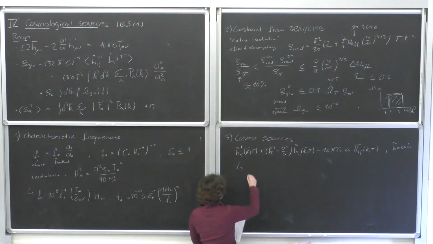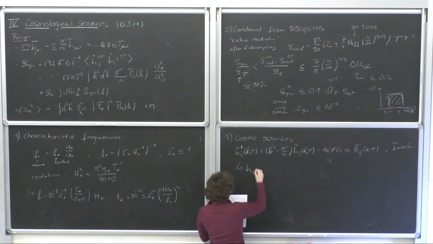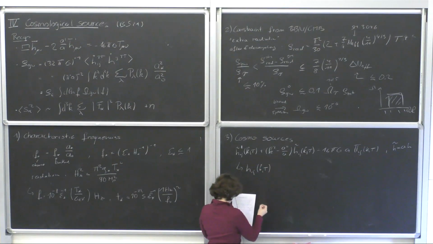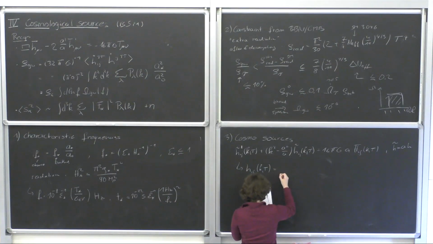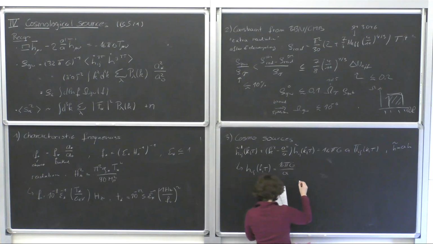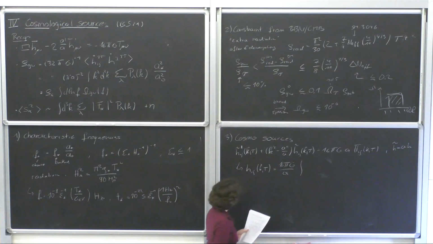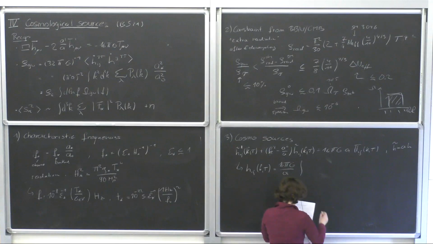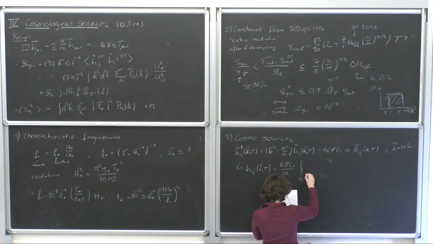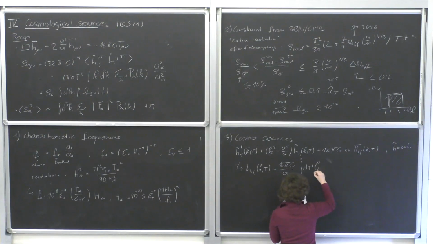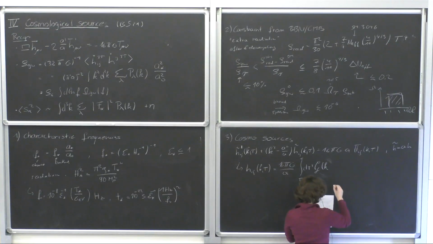But at least formally, we can write down that this thing, H_ij of k and tau, is the right-hand side, 16 pi G over a. And then we're going to use the Green's function method to solve this. So I'm integrating from some initial time to the time I'm interested in over d tau prime, the Green's function matching the differential operator on the left-hand side of this equation.